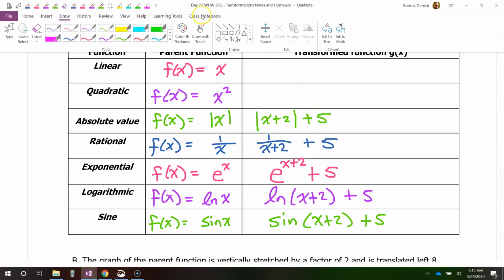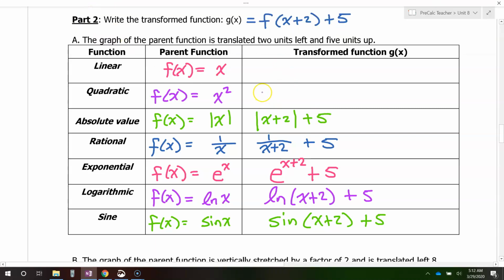How about the x squared? That's going to become x plus 2 squared, with a plus 5 on the end. And finally for our linear function, we're just going to put x plus 2 in parentheses, and then I'll just put a plus 5 on the end like that.